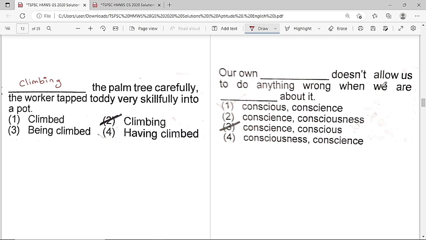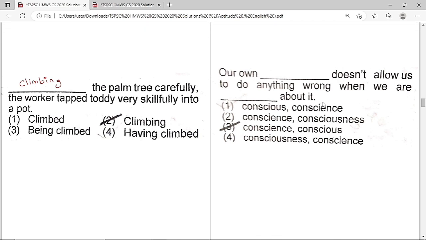Our own conscience doesn't allow us to do anything wrong when we are conscious about it.